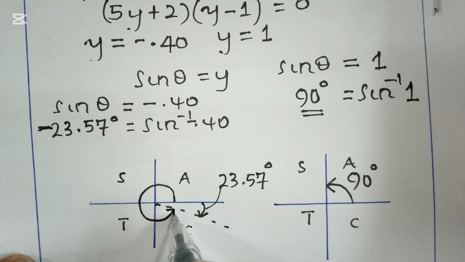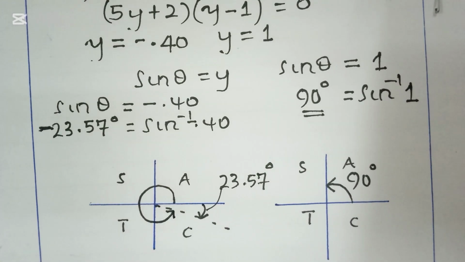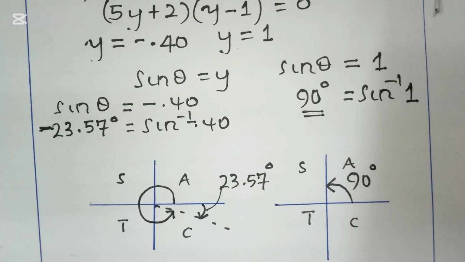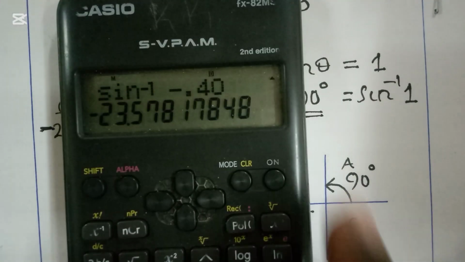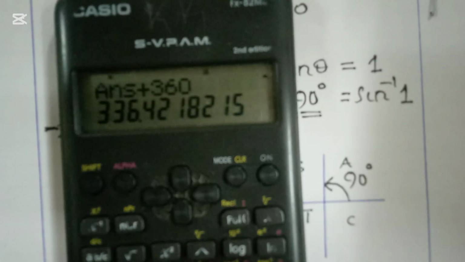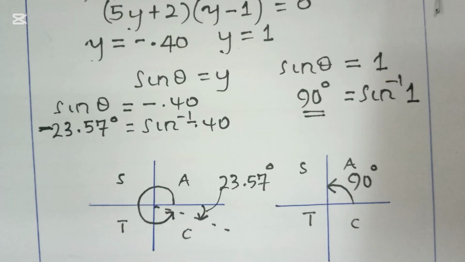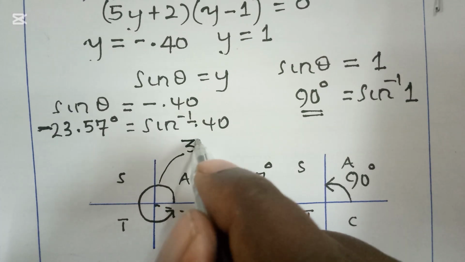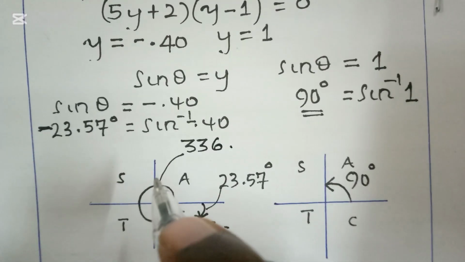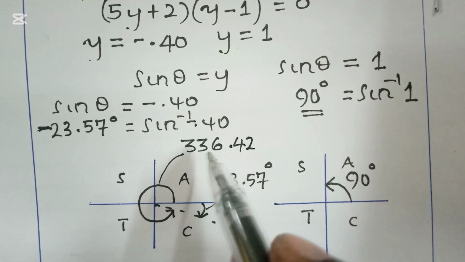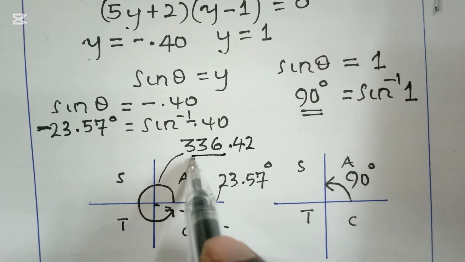That angle can be found by subtracting 23.57 from 360. So we say minus 23.57 plus 360. Our angle is going to be 336.43. So guys, this is yet another solution for us.